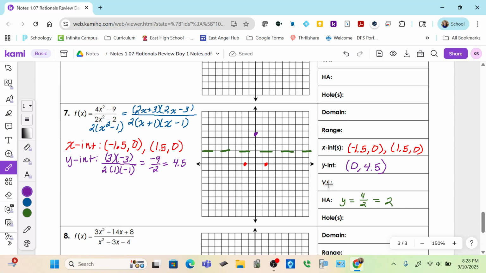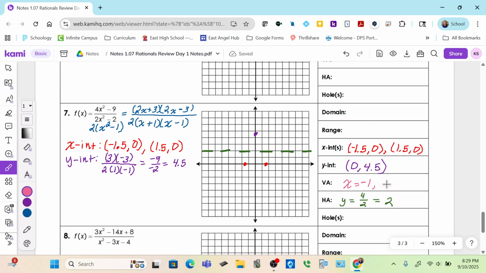Now let's find vertical asymptotes. Vertical asymptotes are going to be the zeros in the denominator. So zeros in the denominator. So the 0 of x plus 1 is negative 1. So we're going to have one, I want to use another color here. We're going to have one at x equals negative 1.